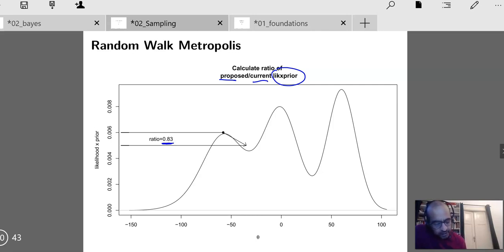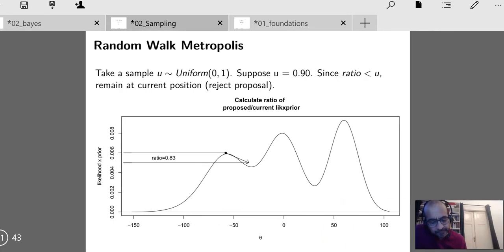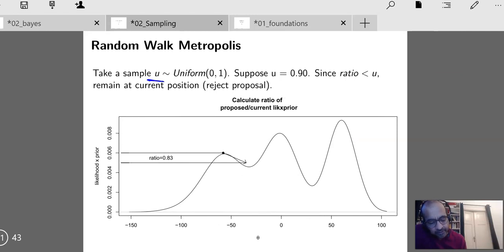So if I get a lower value here, let's say 0.83, now I'm going to use that ratio to decide whether to probabilistically move from this point to this point. How do I decide? I decide by taking a sample from a uniform distribution between 0 and 1, and this could be any number between 0 and 1. It doesn't have to be 0.9 like in this example, but suppose it was 0.9.